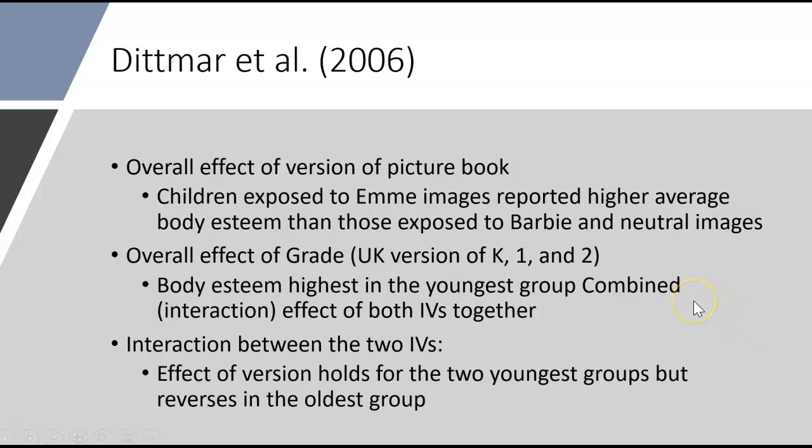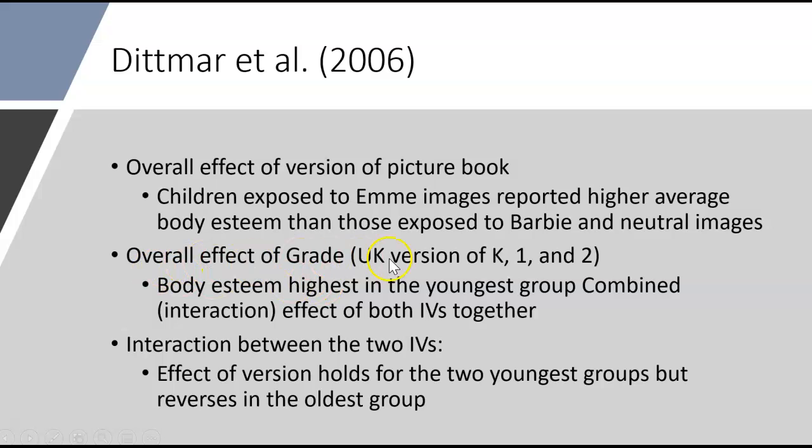Now, what Dittmar et al. argued, remember back to that graph where I plugged in the means for you, was that when you look at the main effect, the overall effect of the picture book, the children exposed to the Emmy images did tend to report significantly higher average body esteem than those exposed to the Barbie and the neutral images.